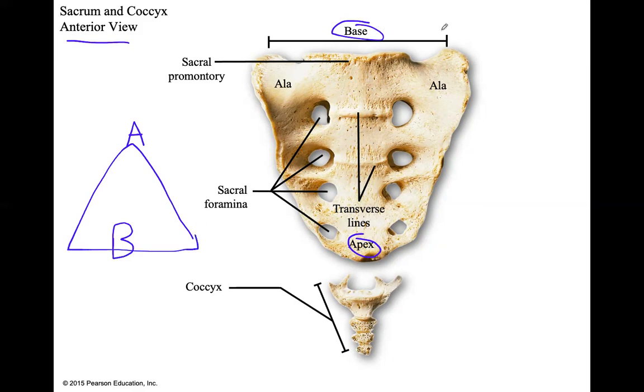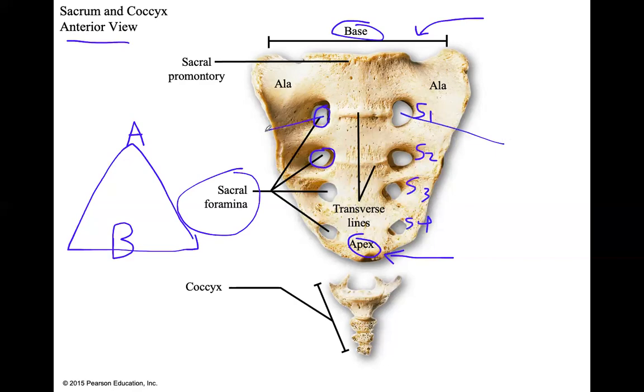So the widest part of the sacrum in this case is on the top, and the peak is at the bottom. That's the apex. We have holes in the sacrum called sacral foramina, and nerve roots exit there. We call this the S1 sacral foramina, S2, S3, S4, and nerve roots exit.